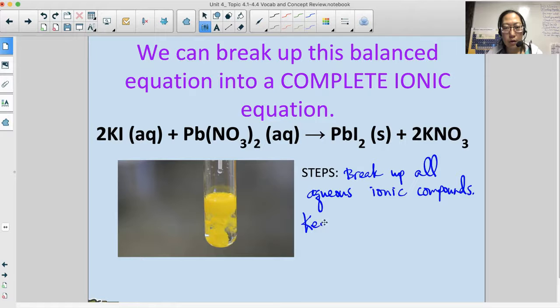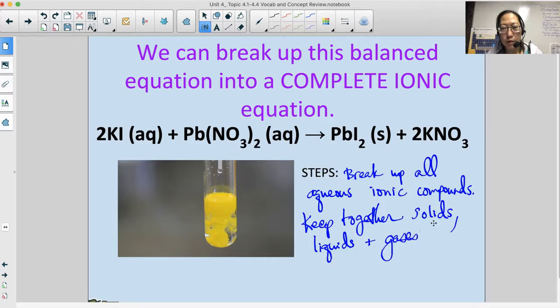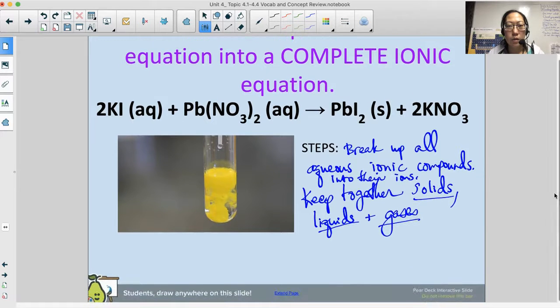Keep together solids, liquids, and gases. Keep those together. Don't break them apart. Okay, so break up all aqueous ionic compounds into their ions. Because, you know, these are dissolved in solution. They're just freely floating around. So let's see what this looks like on the next slide.